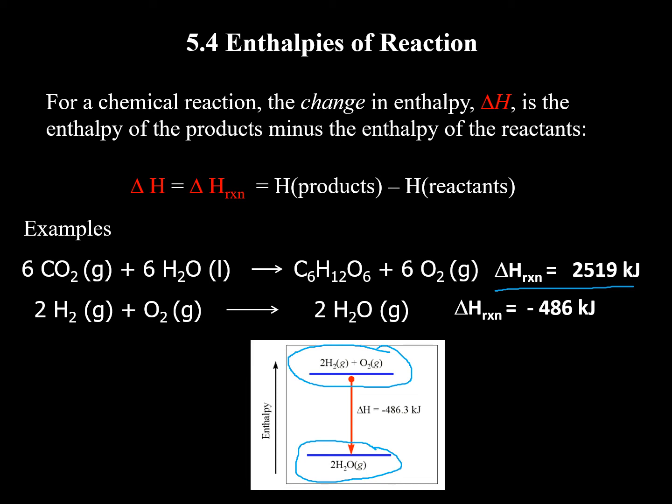This was experimentally found for this reaction, for 6 moles of carbon dioxide reacting with 6 moles of water, giving us C6H12O6 plus 6 moles of O2. The energy that is absorbed, endothermic, is 2519 kilojoules. Conversely, to make water, 486 kilojoules is produced.